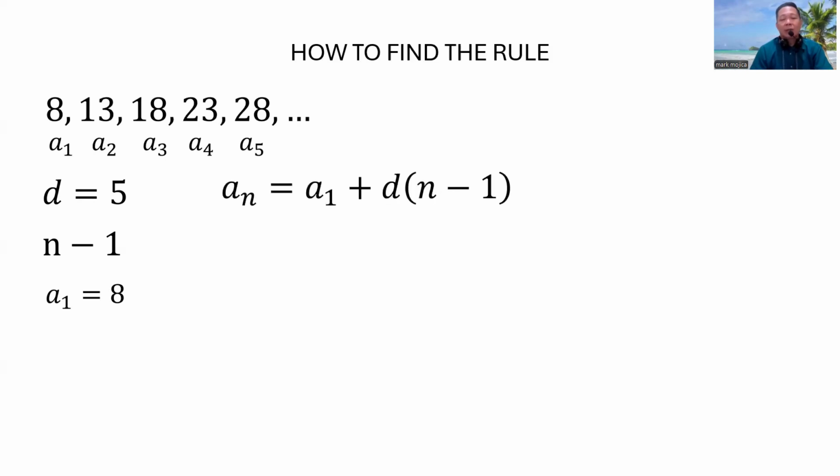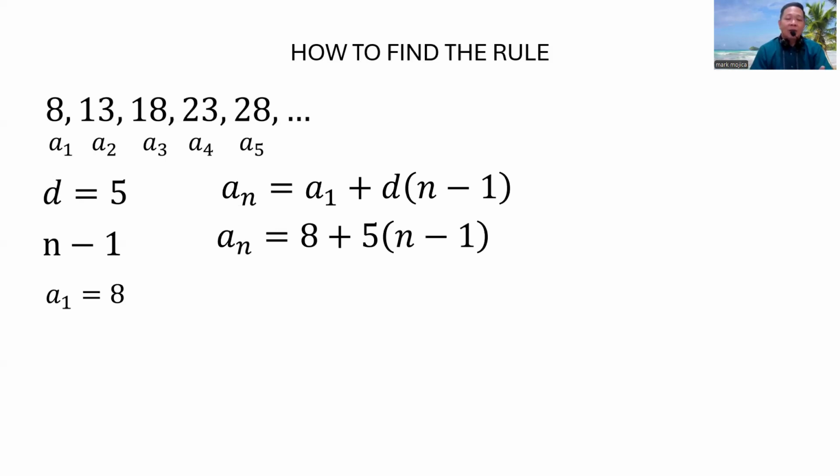Okay? So, paano ginagawa? So, first is you have to follow this process. A sub n is equal to a sub 1 plus d multiplied by n minus 1. Where d is the common difference, a sub 1 is the first term, n minus 1 is the term. Okay? So, simply substitute lang yung 8 at saka yung 5.